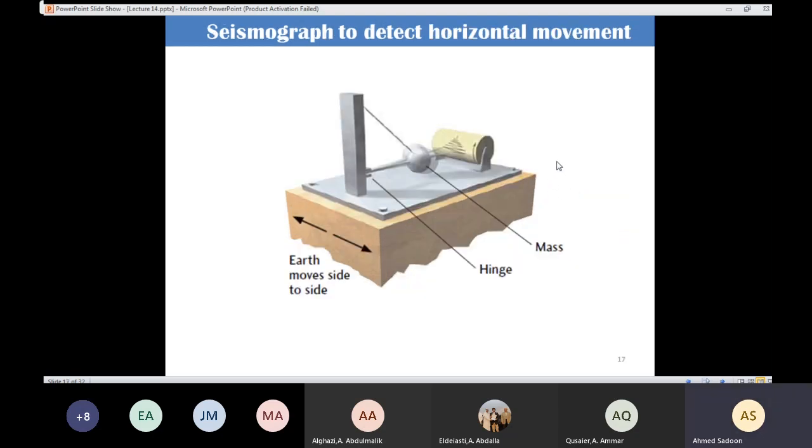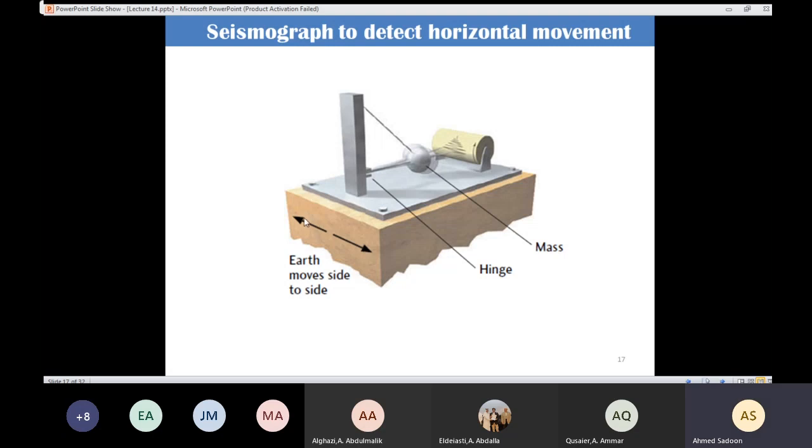Also, I need to measure the horizontal movement. In that case, the mass is going to be connected with a wire here. And also, I'm going to have a hinge. So the hinge here is going to allow the movement in that direction.